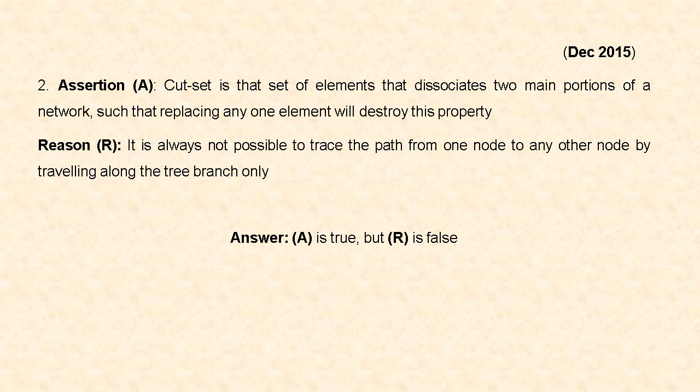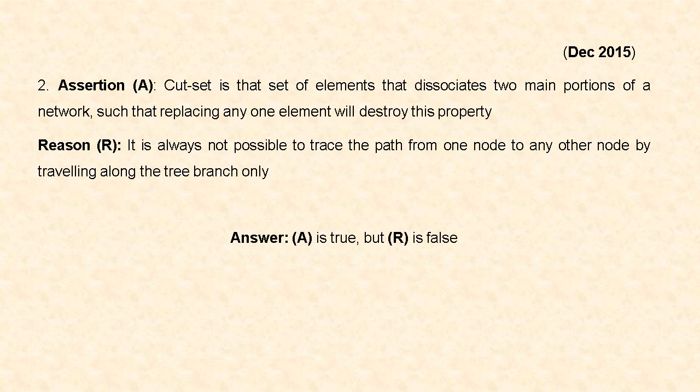Second question. This question was asked in December 2015. It is assertion and reason type. First one, assertion. Cut set is that set of elements that dissociates two main portions of a network such that replacing any one element will destroy this property. Reason. It is always not possible to trace the path from one node to any other node by traveling along the tree branch only.